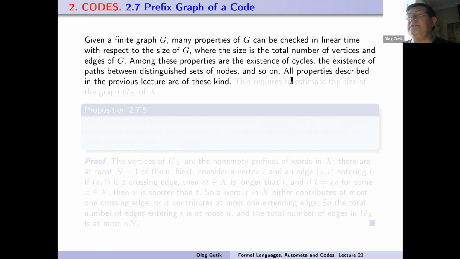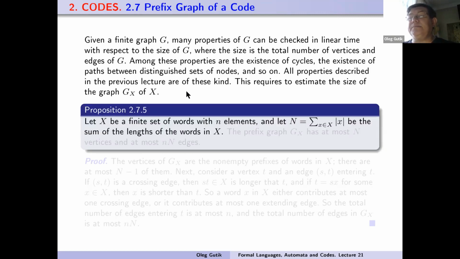All properties described in the previous lecture are of this kind. This requires estimating the size of the graph G(X) of the code, or the set X.